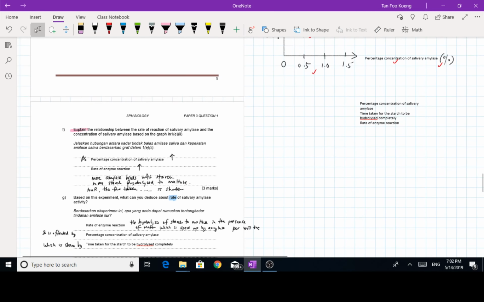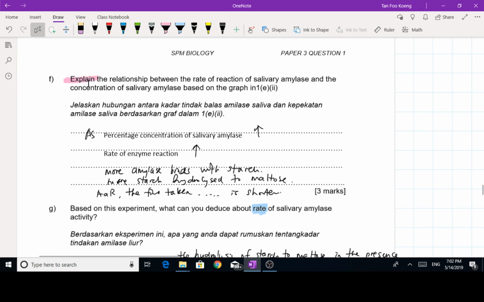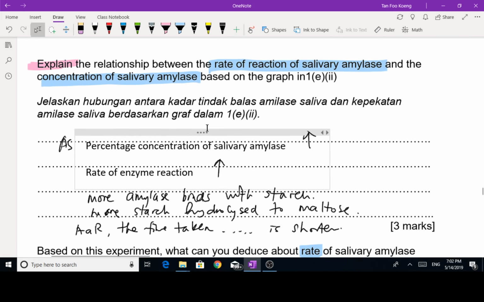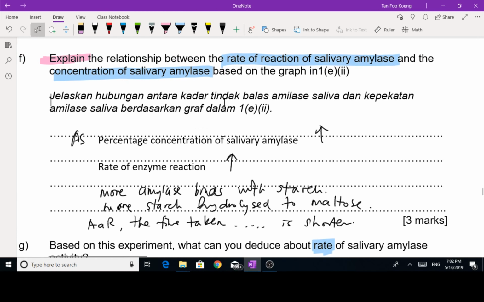Now is F. Explain the relationship between the rate of reaction of salivary amylase, so this is our RV just now, and the concentration of the salivary amylase, our MV. So the first sentence is like writing a hypothesis. As the percentage concentration of salivary amylase increases, the rate of enzymatic reaction increases.